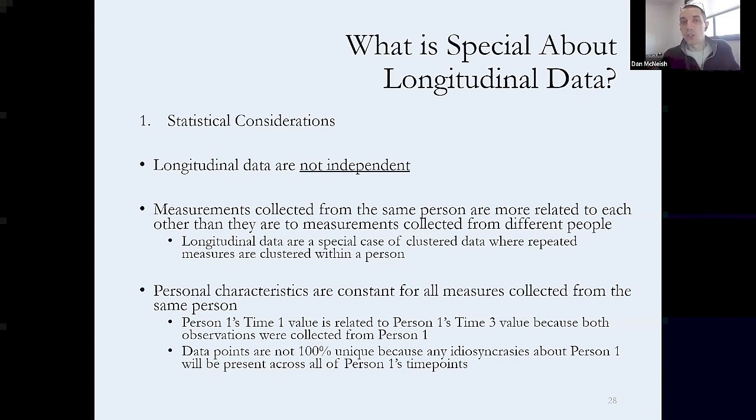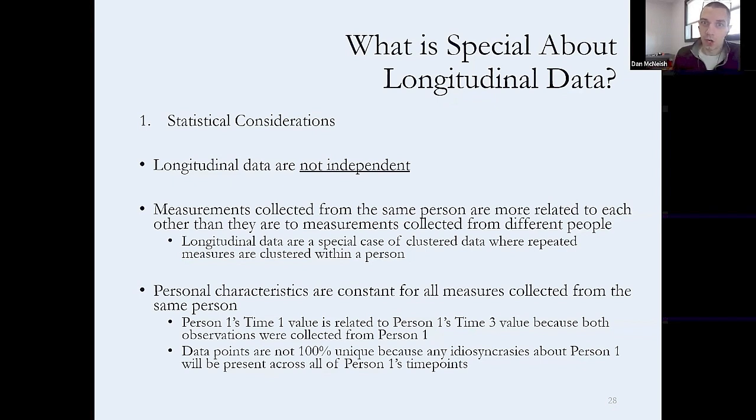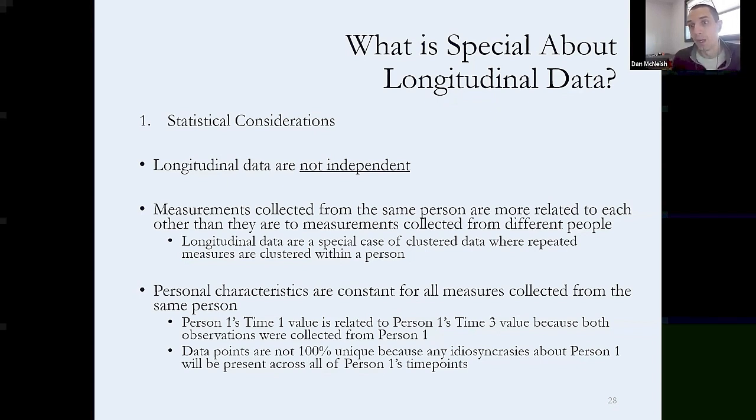This is almost certainly not going to be true when you have longitudinal data, because when measurements are collected from the same person, they're going to almost certainly be dependent or correlated in some way. So if you collect 3 repeated measures from me, my second repeated measure is going to be more like my first repeated measure than they will be to your data, which is in direct violation of this independence assumption.